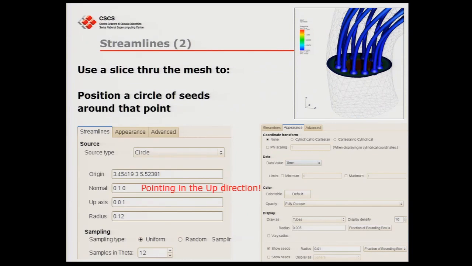Doing a circle of streamlines, the difficulty is to make sure that the slice points in the up direction, the vertical direction. So I changed the default to 0, 1, 0. Unfortunately, the graphical user interface calls this the up axis, but really, for me, the up direction is the normal direction. So 0, 1, 0. And then I use a radius of 0.12.